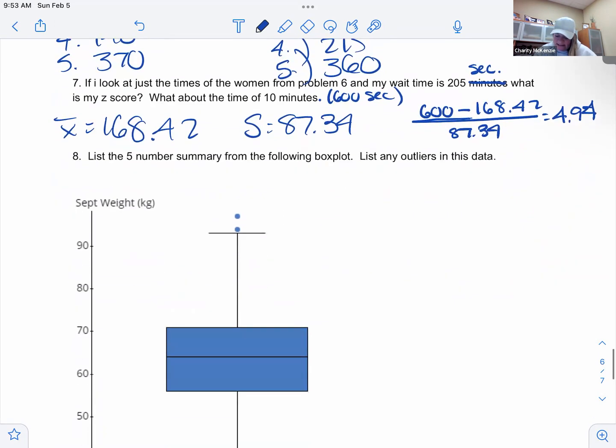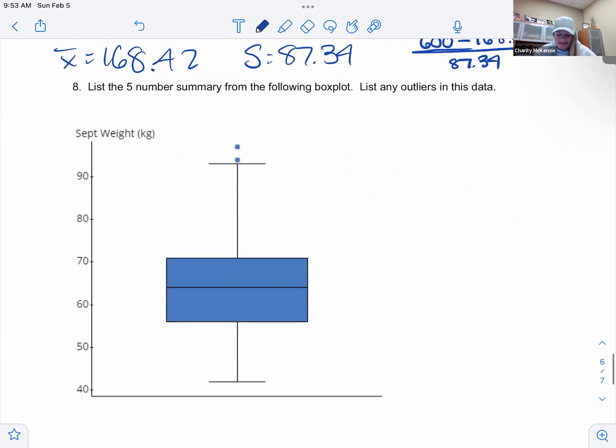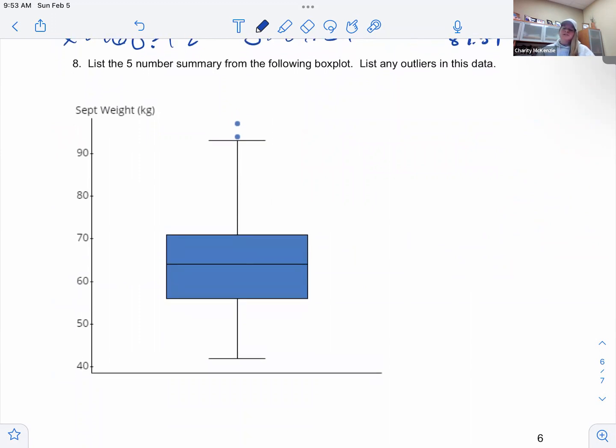Okay. List the 5-number summary and list the outliers from this. So can you look at a graph and come up with the 5-number summary? Well, the lowest values here, we're going to have to estimate. So the lowest value is what, maybe 41, 40. It looks about 41. Okay. The second one is your quartile 1, right? Right here, quartile 2, excuse me. No, 1.